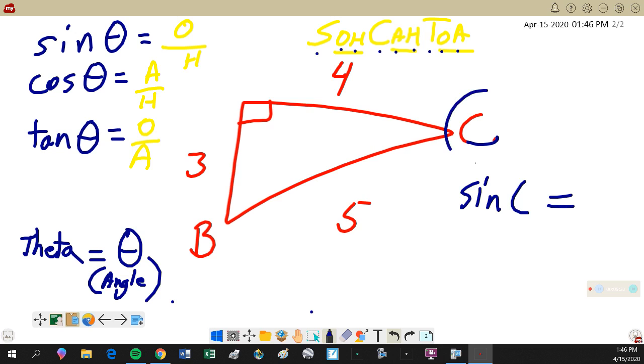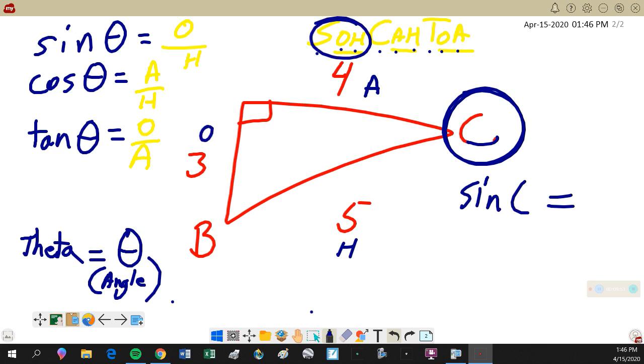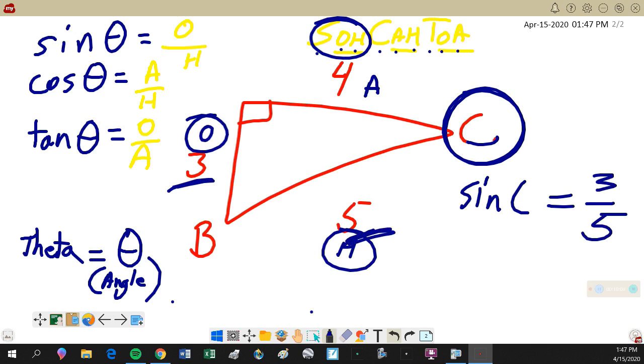So I pick angle C, and then I look at my triangle. This is hypotenuse. 4 is touching the C, so it is adjacent, and 3 is not touching the C, so it is opposite. And the sine is opposite divided by hypotenuse. So all I have to do is look at angle C and take the O side and divide it by the H side. So that would be O divided by H, which is going to be 3 over 5. So the sine of C is 3 over 5.